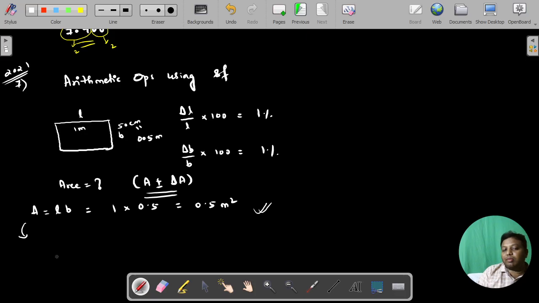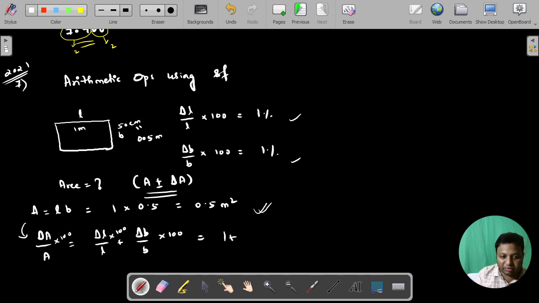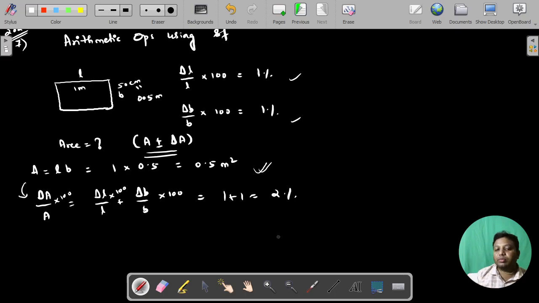When you have a formula like this, we should relate delta A by A in this manner: delta A by A equal to delta L by L plus delta B by B. Now you multiply with 100 on both sides. First we already have 1% and the second one is also 1%. 1 plus 1, so 2%. So there is 2% error.